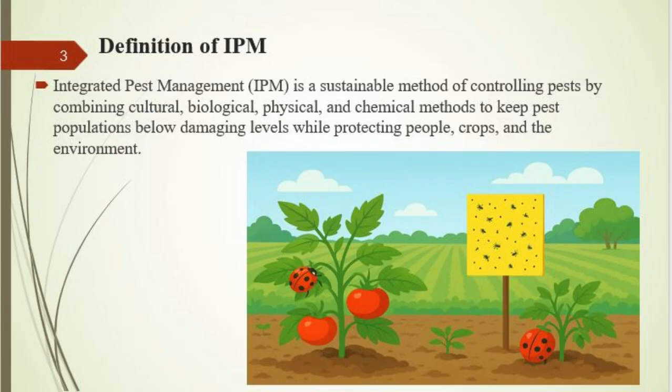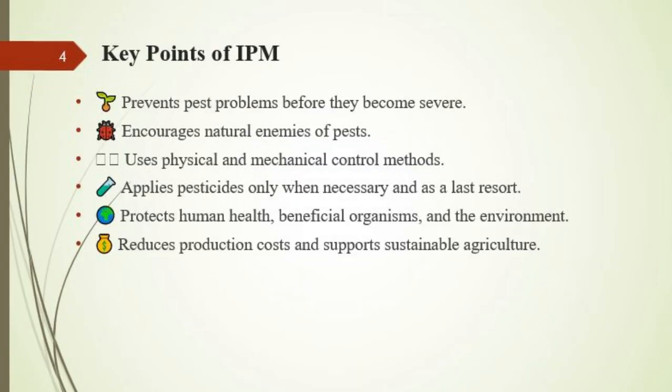Instead of eliminating every pest, IPM keeps pest populations below levels that cause economic damage. Example: if only a few insects are present and they are not damaging the crop significantly, there is no need to spray pesticides.